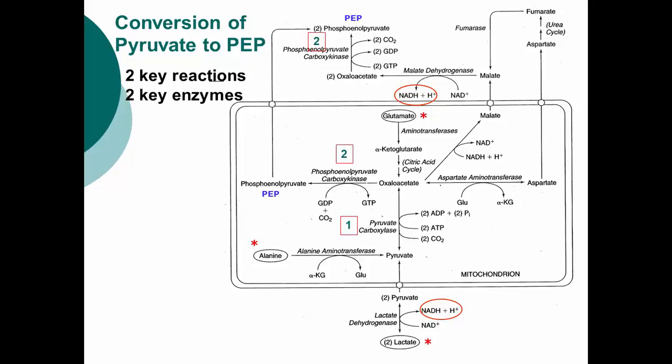This is the second key reaction in the mitochondria, catalyzed by PEPCK, phosphoenolpyruvate carboxykinase. So two key reactions in the mitochondria convert pyruvate to PEP, and PEP is then transported out of the mitochondria to the cytosol to complete the rest of the reactions. So these are the two reactions in the mitochondria if pyruvate is used as the precursor of gluconeogenesis.